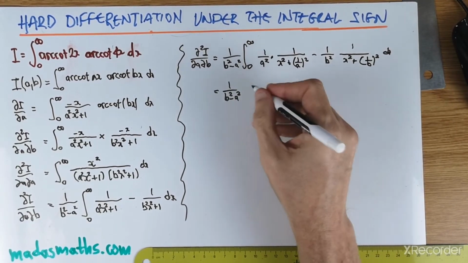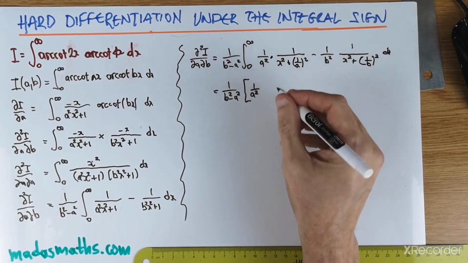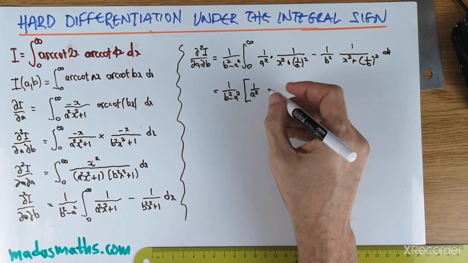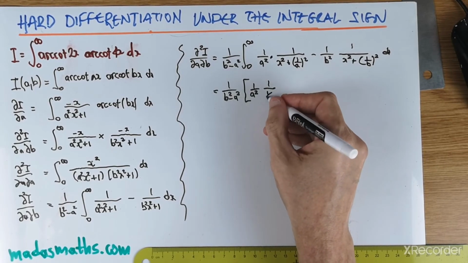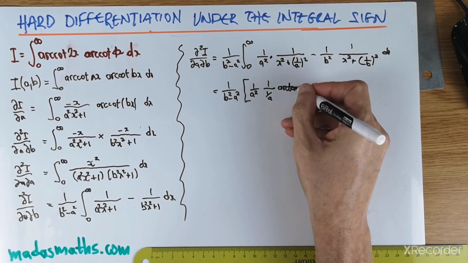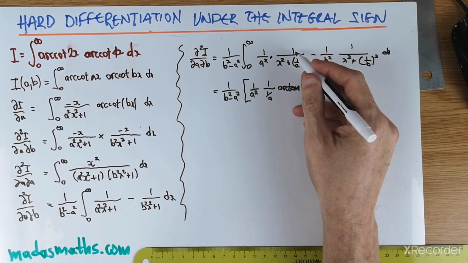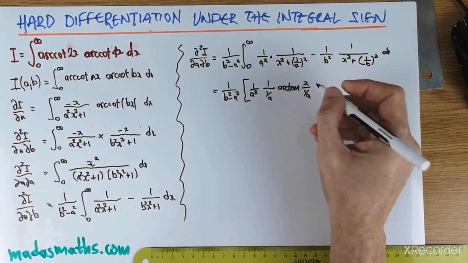So I begin my integrations now. That's the 1 over a squared already there, and this is now the arctan produces a 1 over this, and then we got arctan of x, I beg your pardon, x over 1 over a.